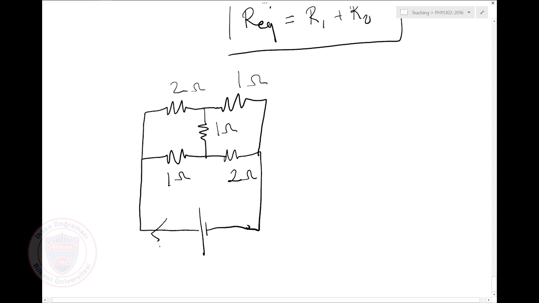And if I want to find the current here, given that voltage here is 5 volts. How do I do this? Any suggestions?